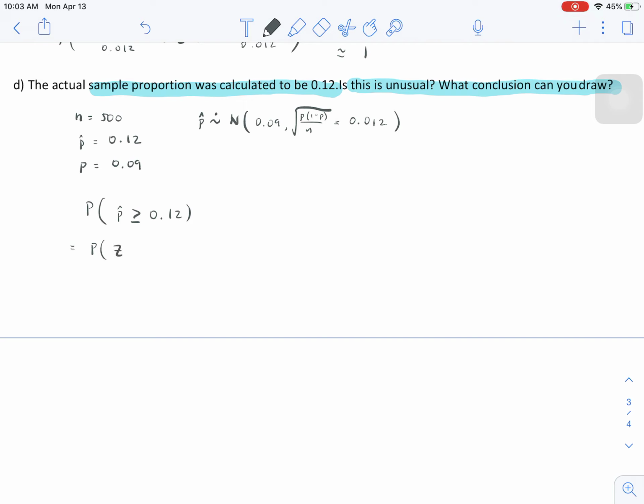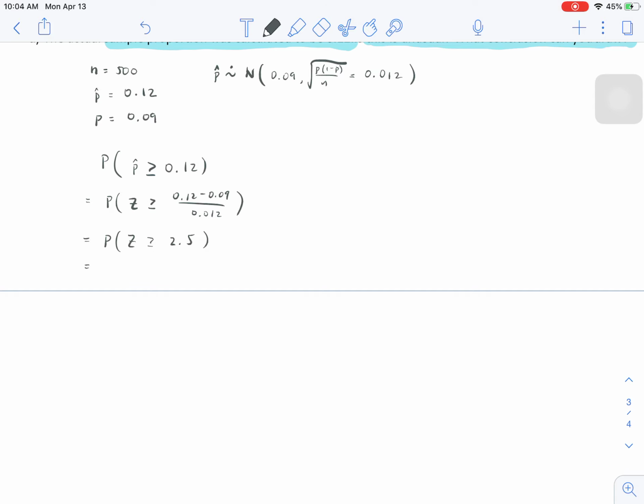So we can convert this to a z-score. 0.12 minus 0.09 divided by 0.012. If I plug this into my calculator, this z-score should be approximately 2.5. I can calculate the area to the right of 2.5. That's 1 minus the area to the left.